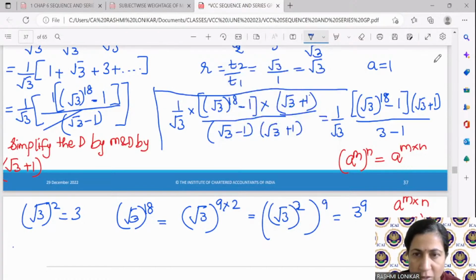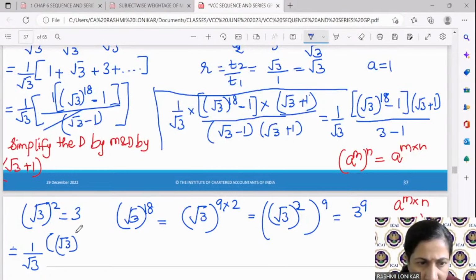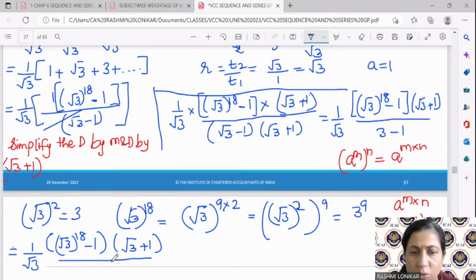So this equation that I have here, I will write down the equation. 1 upon root 3 and I had root 3 raised to 18 minus 1 into root 3 plus 1 upon 3 minus 1, which is 2.